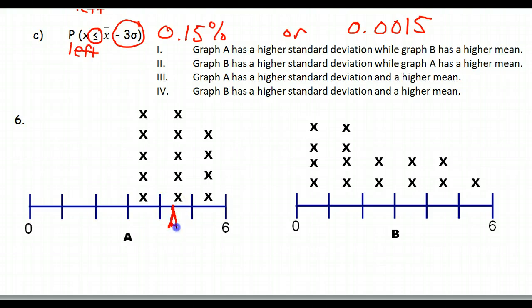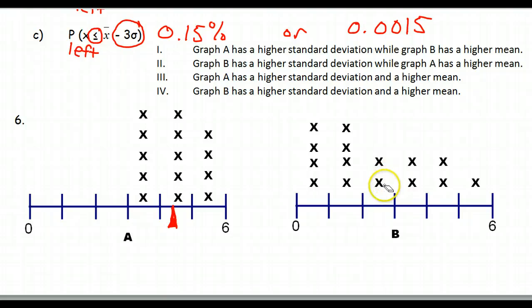If you were going to take this graph and try to balance it on your finger, like this was a physical object in the real world, and I'm just talking about the x's here, not the scale itself, I would have to put the fulcrum, my balancing point, right about here to balance this out. It's about the middle of this grouping. Because there's one extra x over here, I have to move slightly to the left. But anyway, somewhere around here where I put this little triangle, that would be the mean. There, that's my estimate of the mean.